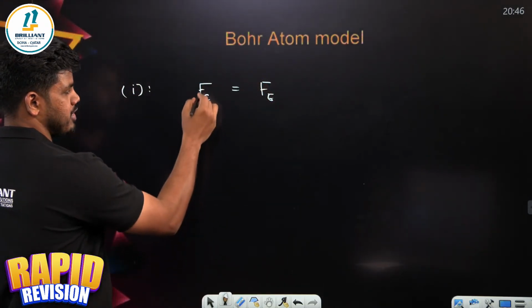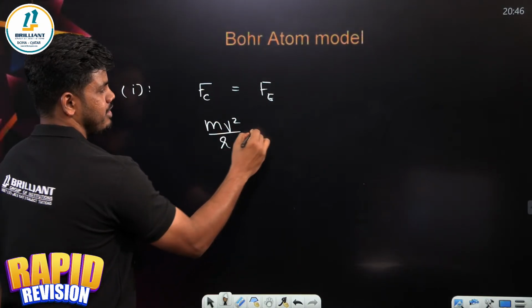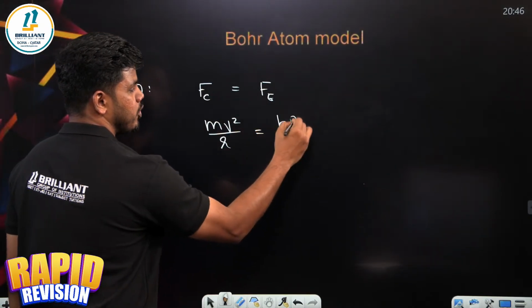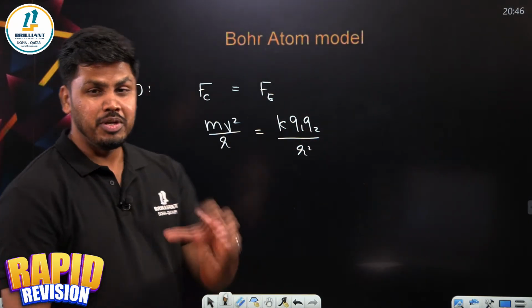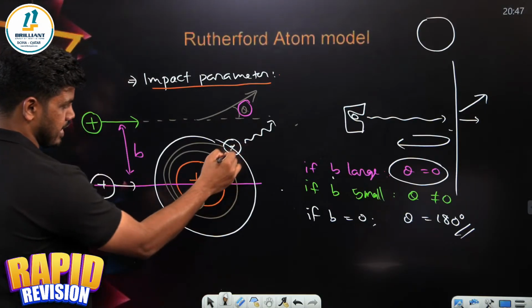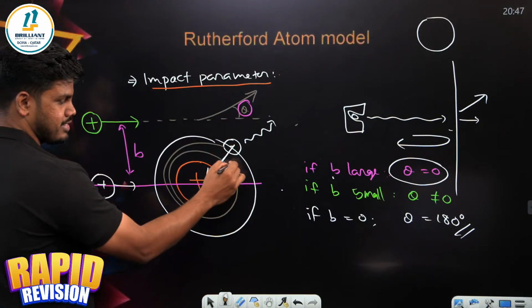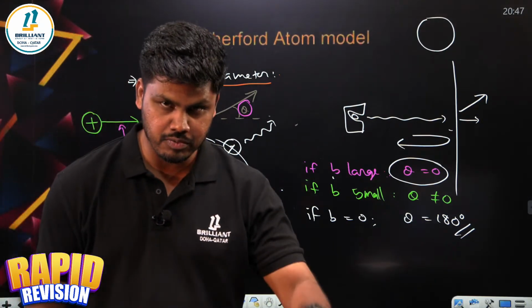Electrostatic force. So the first one is mv square by r is equal to k q1 q2 by r square, the electrostatic force between nucleus and electron. If an electron revolves around the nucleus, it is attracted towards the nucleus, right? That is the electrostatic force we are talking about. That force acts as a centripetal force.